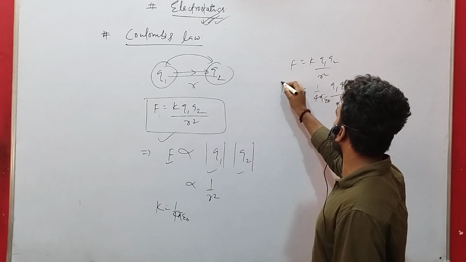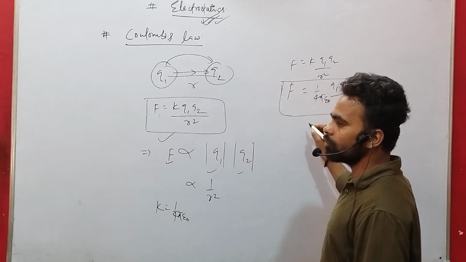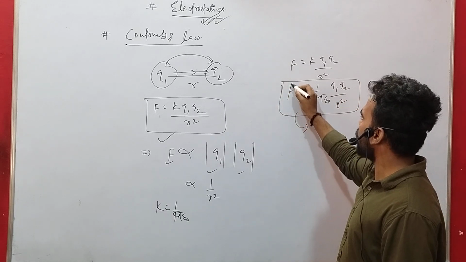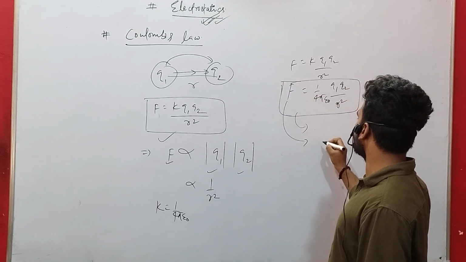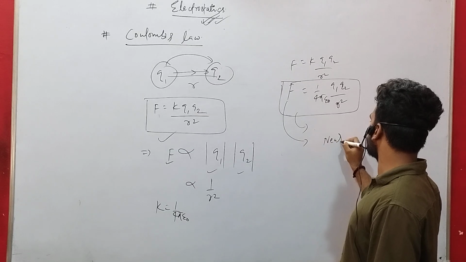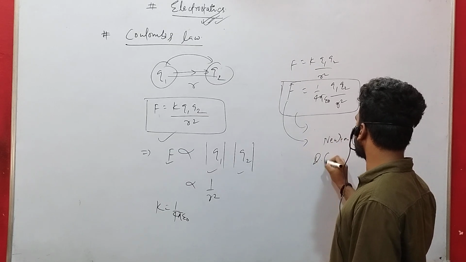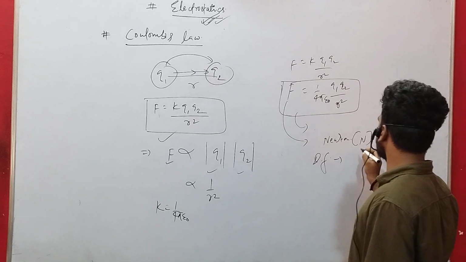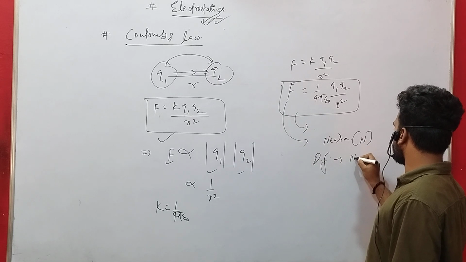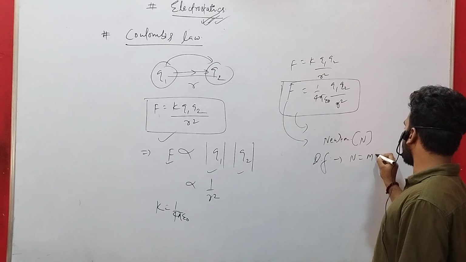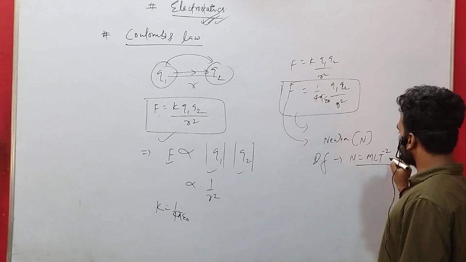This is the pure form of Coulomb's law. This is electrostatic force. The SI unit of electrostatic force is Newton, represented by capital N, and the dimension formula of force, meaning Newton, equals MLT to the power minus 2.